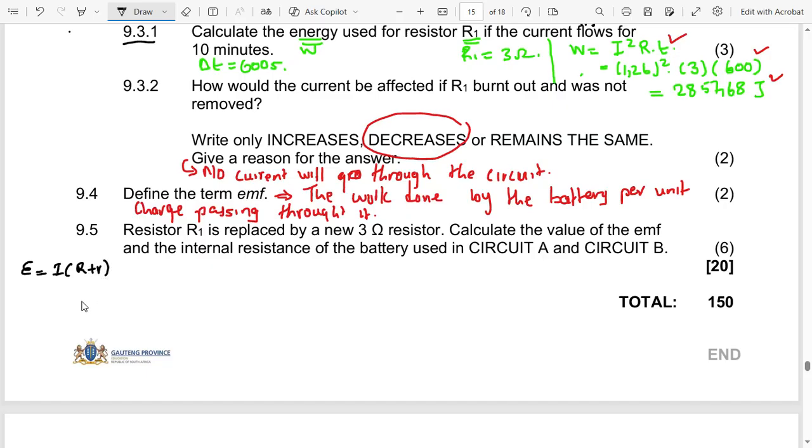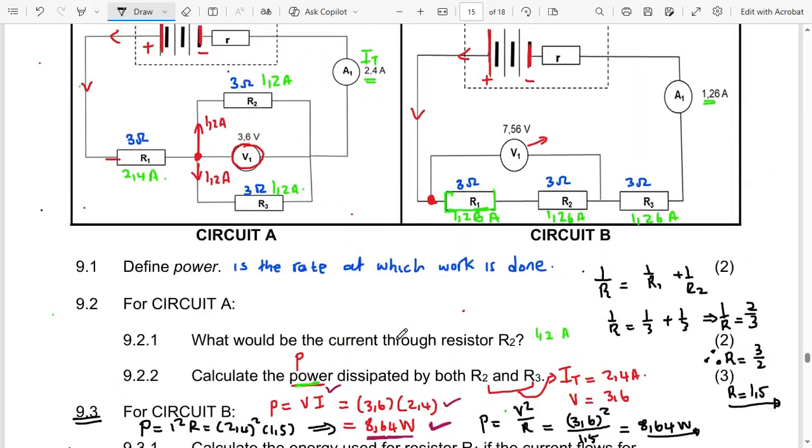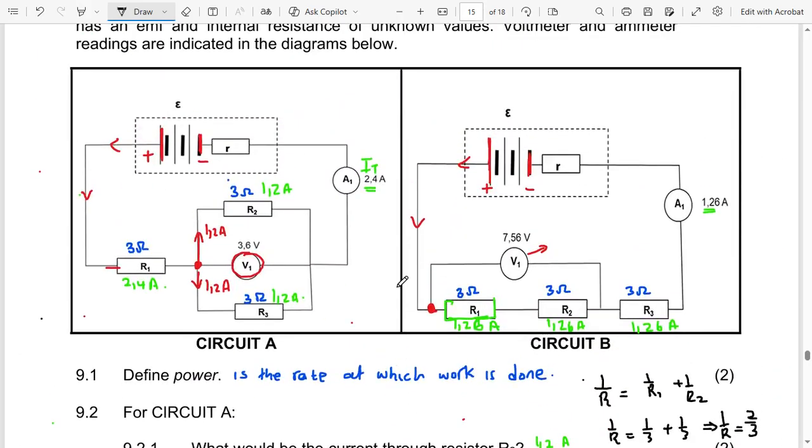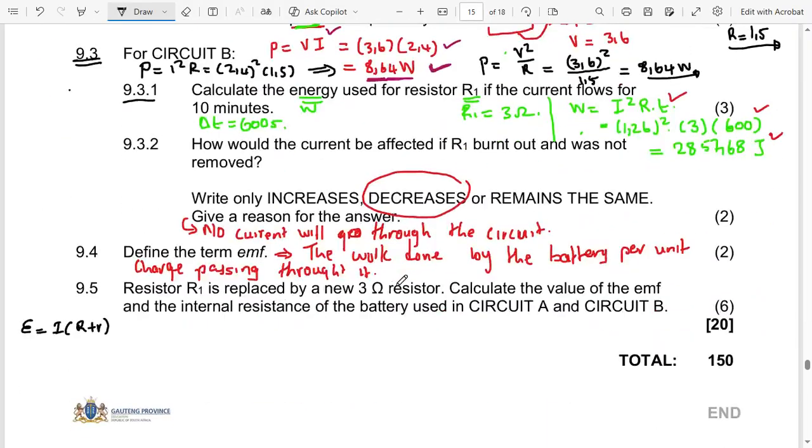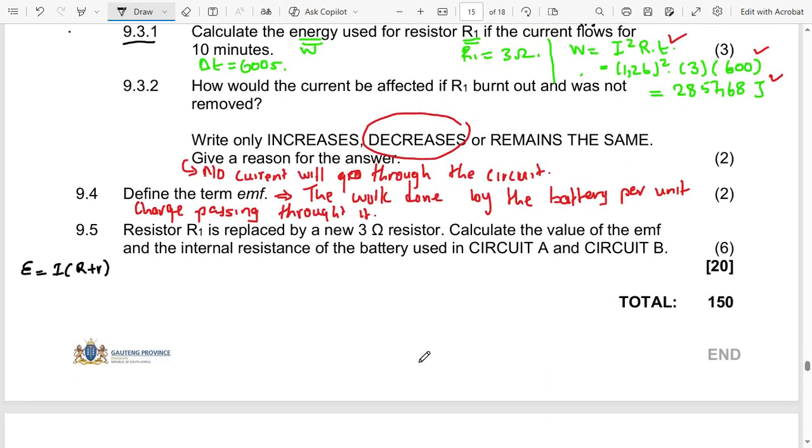Looking at the question, it wants us to find EMF, which won't be easy because we don't have the internal resistance. We need to first find the internal resistance. How are we going to find it?